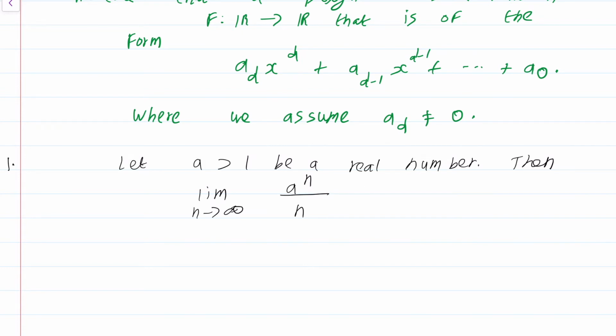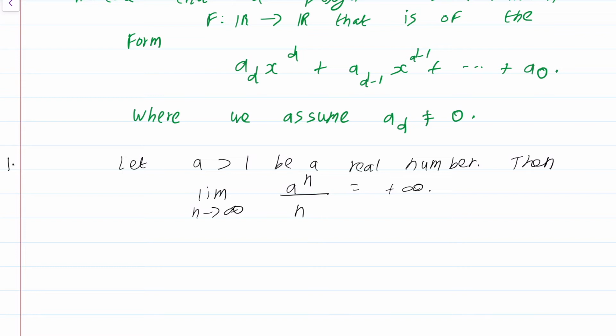In other words, this sequence a^n by n diverges to plus infinity. That means the growth of a^n cannot be counterbalanced by the growth of n. A^n sort of grows much faster than just n. How do you show this?